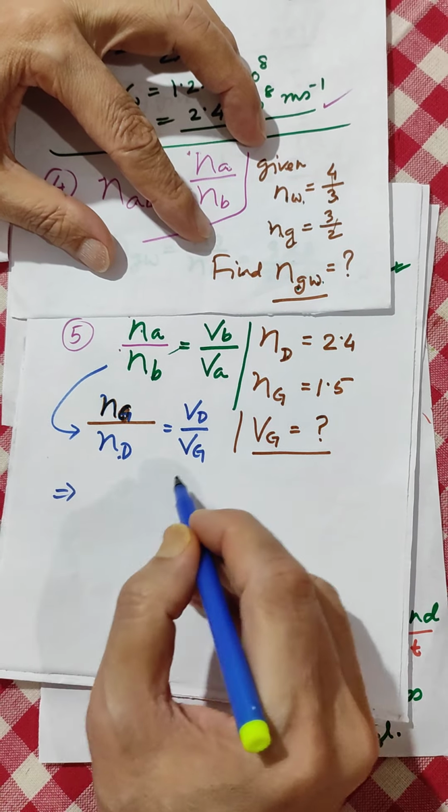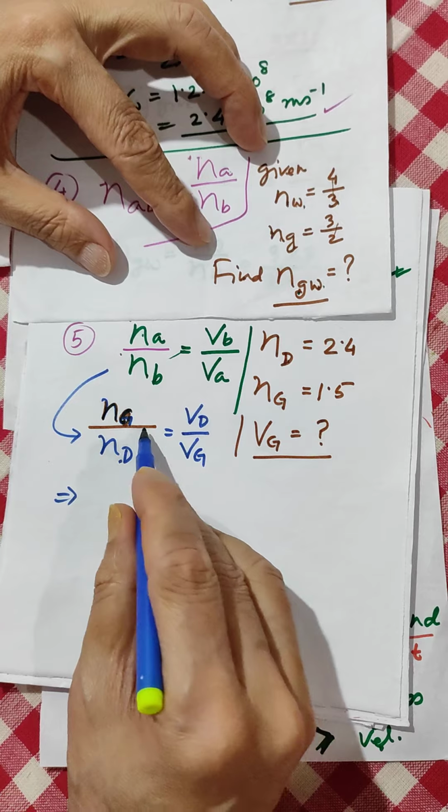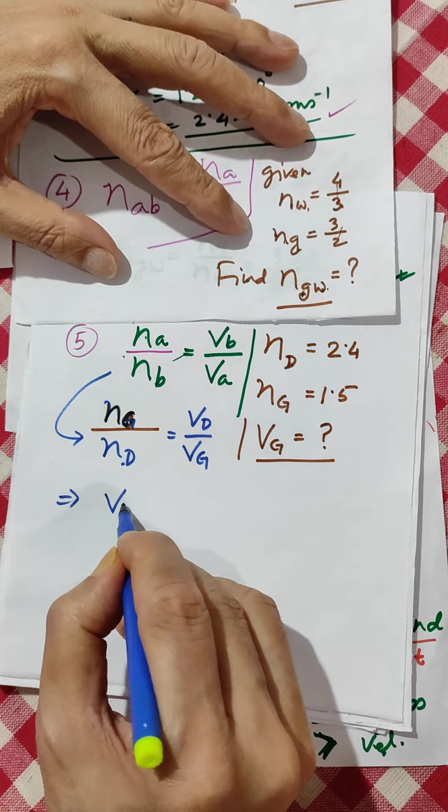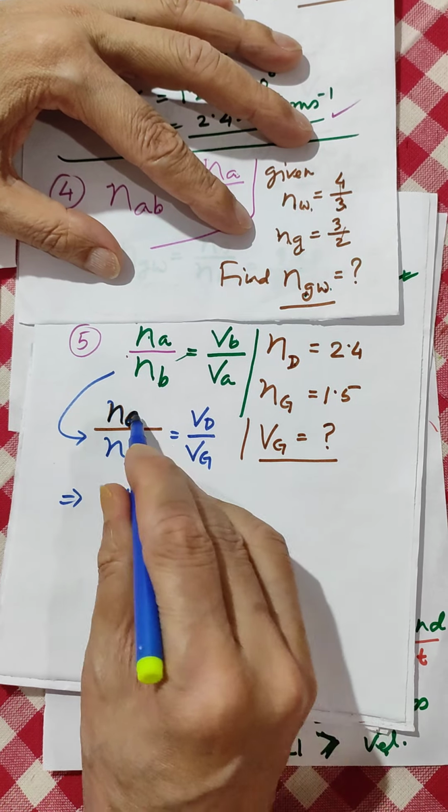Now what we have to find out? VG. So from here, if you use the rules of equation, finally VG will be this into this divided by this.